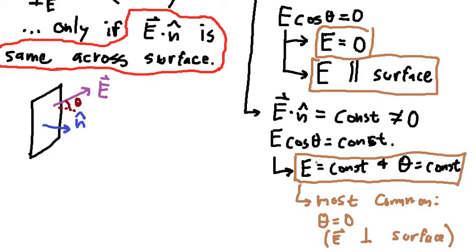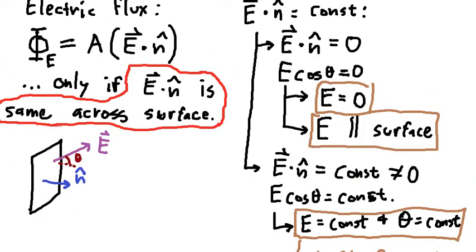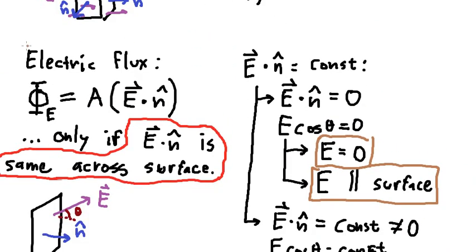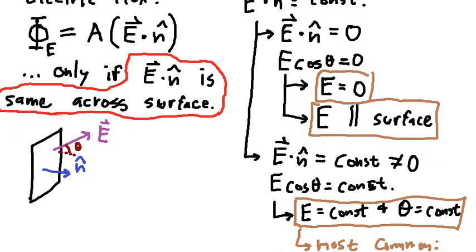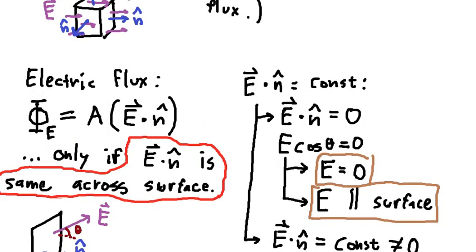And the most common situation for that to occur in is where theta equals 0. And that means that the electric field is perpendicular to your surface.